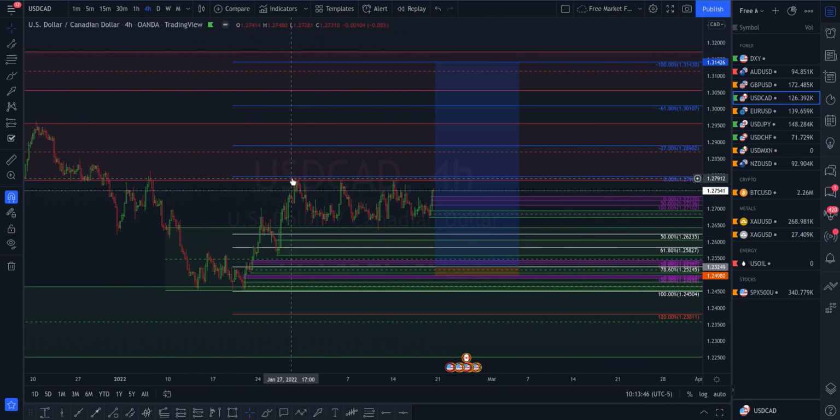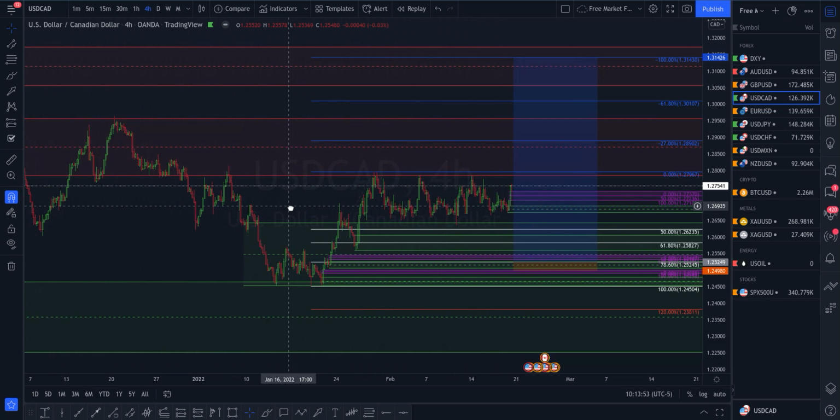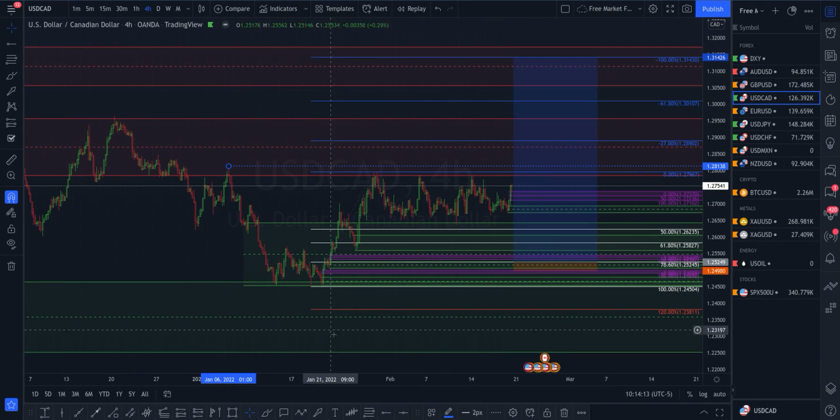So of course the 0% retracement, or extension rather. You can't have a 0% extension. I'm sorry, but this would be TP1. Of course, this is TP2, but I would probably be looking to take partial profits there.